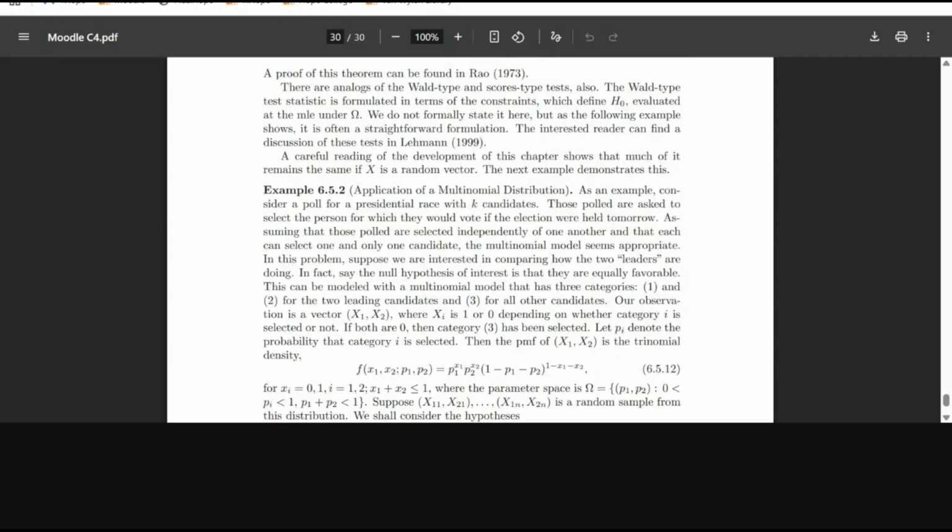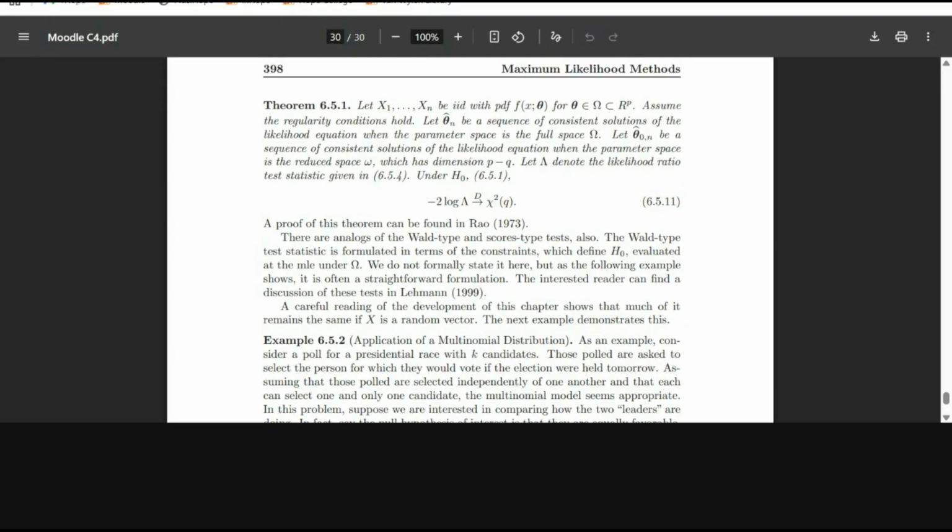Wilks' theorem says that minus 2 of the log of the likelihood ratio that you have spent so much time constructing has a chi-square Q distribution. Why does it help us? Because if I know this, can't I work out, therefore, can I give someone a rule for what to do if I get a lambda value of a certain amount?